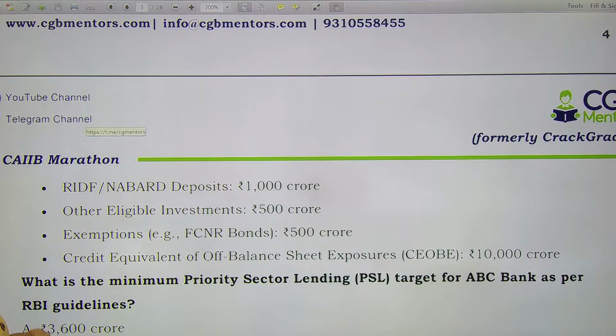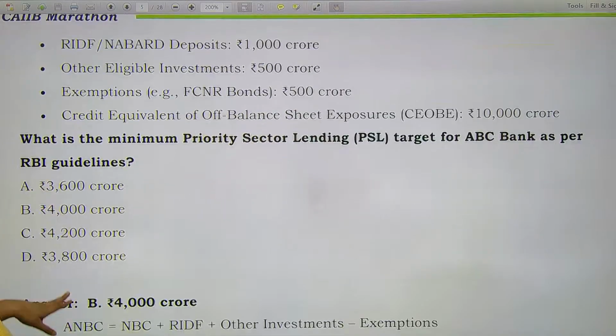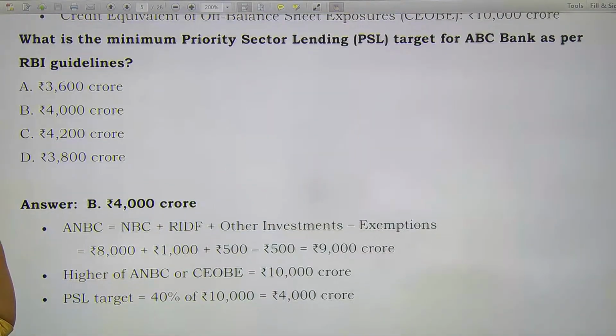Now, you know whichever is higher, ANBC or CEOB, as per that you have to calculate your PSL target. So, let's have a look. ANBC equals your NBC plus the RIDF deposits that you have made, plus other investment, less exemption, it is 9,000 crore. The higher of ANBC or CEOB is 10,000 crore, and 40% of that is your PSL target, right?